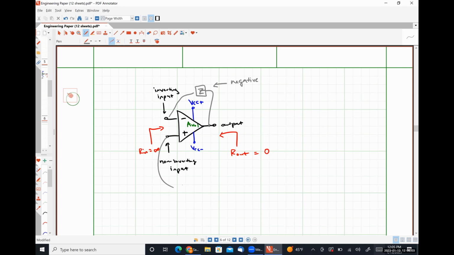If instead we had an impedance connected between the non-inverting input and the output, this would be positive feedback.